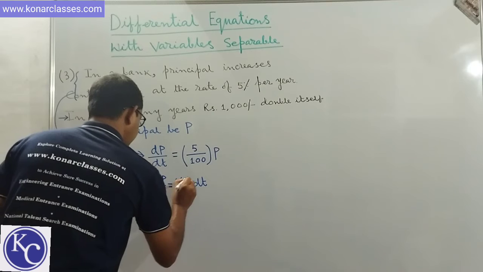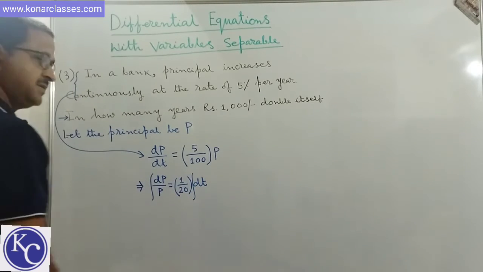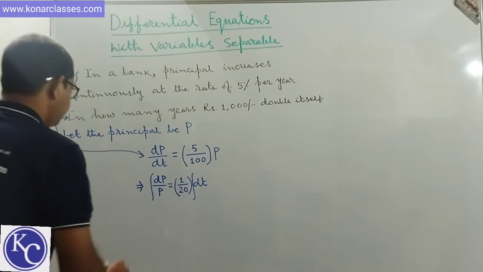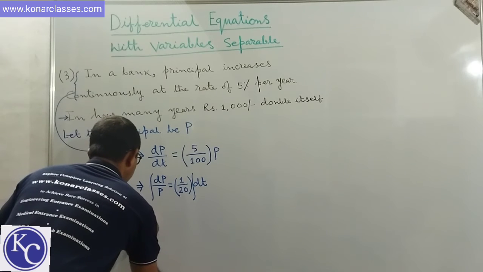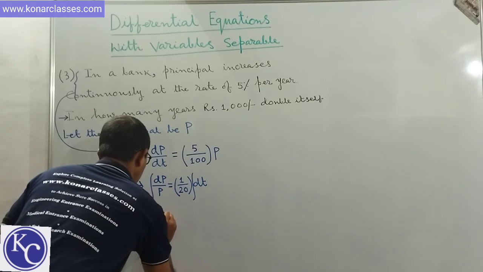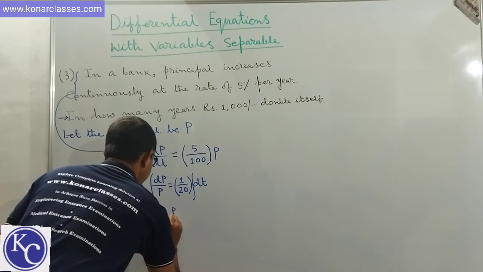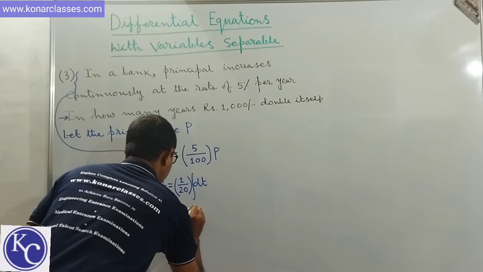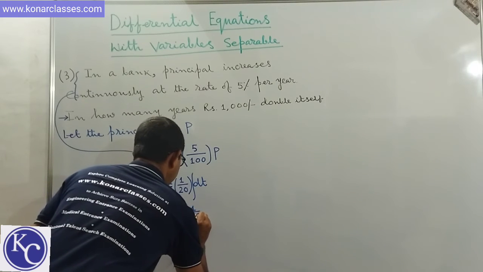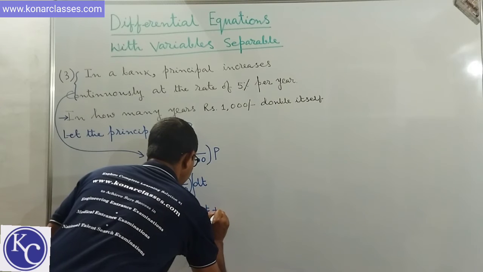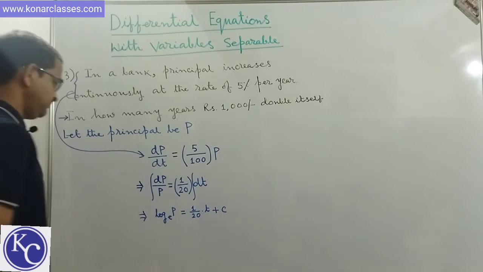Integrate both the sides. Integration of dP by P is log P to the base e, equal to 1 by 20 into t plus an integrating constant C.